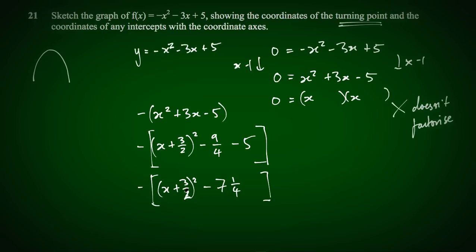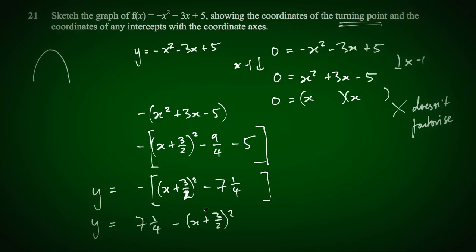I've left it in this form because this tells me the minimum, or maximum in this case, the maximum value of y. So y equals, in this case, minus times a minus is plus 7.25 minus (x plus 3/2) squared.